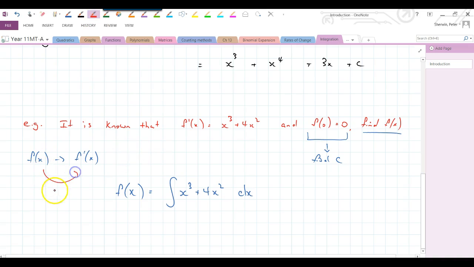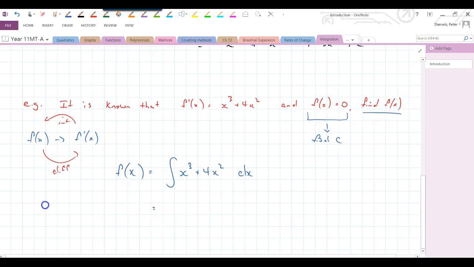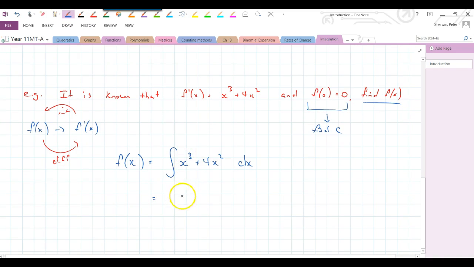That way is differentiation, and this way is integration, f dash x to f of x. So this is how we set it out. We go through now and we take each term, we add 1 to the power, divide by the new power, add 1 to the power, divide by the new power, put a plus c down. Righto, we've integrated, but now we're going to use this information here to find c.